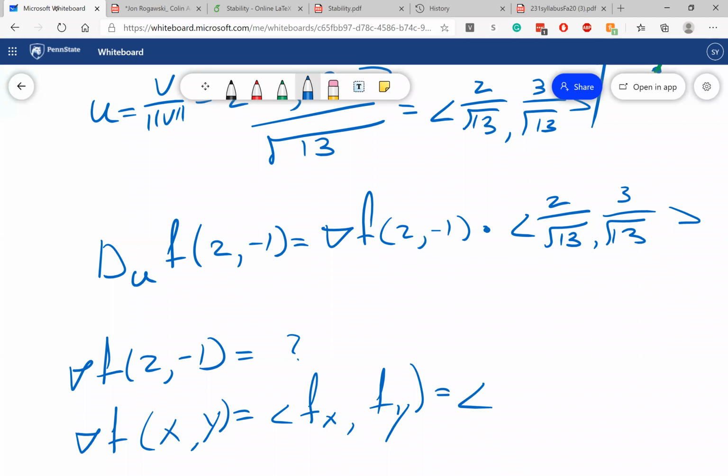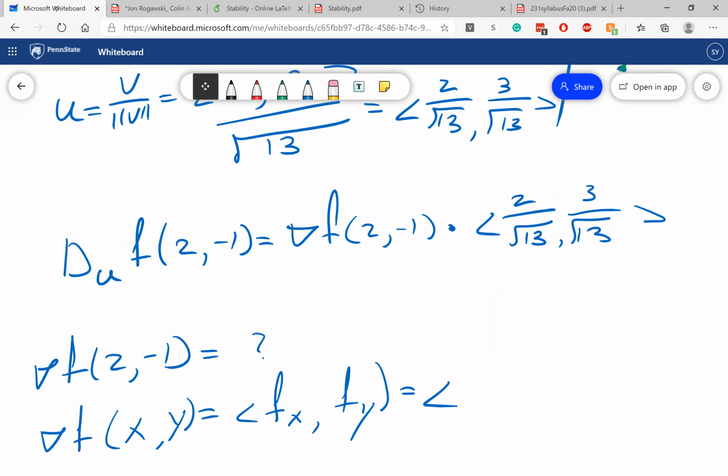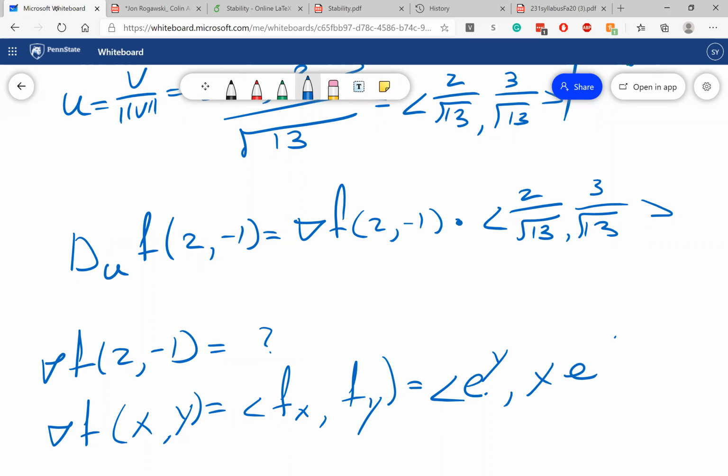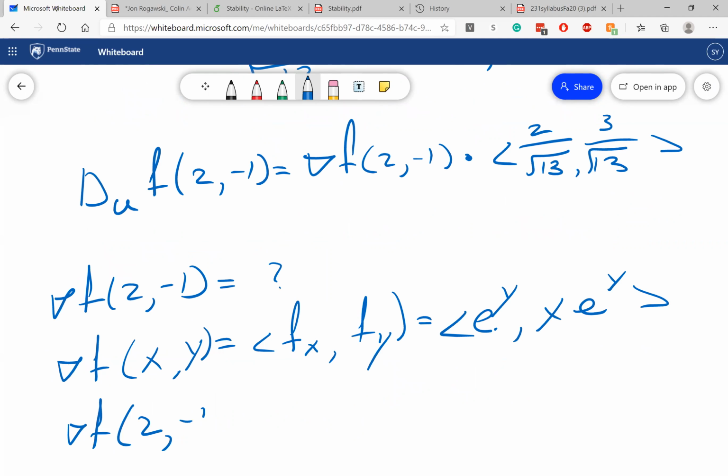The partial with respect to x is e to the y, and the partial with respect to y is x e to the y. So now plugging in 2 and negative 1, we get e to the negative 1, 2e to the negative 1.